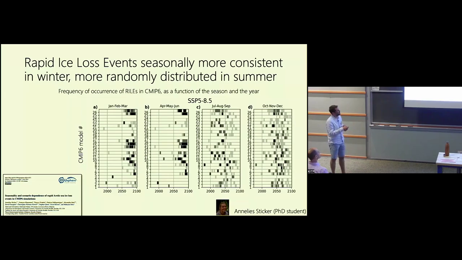And then the second interesting aspect is that the winter RILEs seem to be much more consistent seasonally than the summer RILEs, which seem to be a bit more random and scattered through the century. So there seems to be some structure, at least in winter, and yet many mechanisms to be understood.